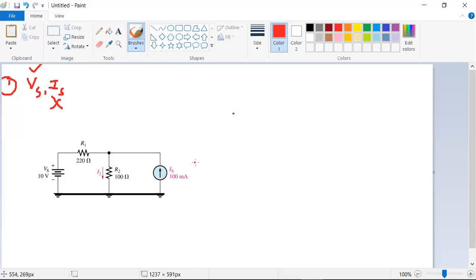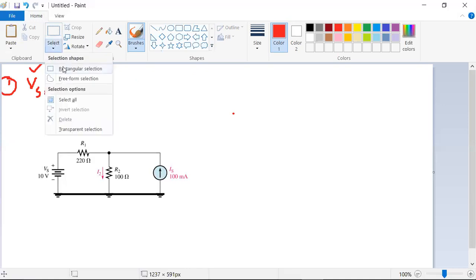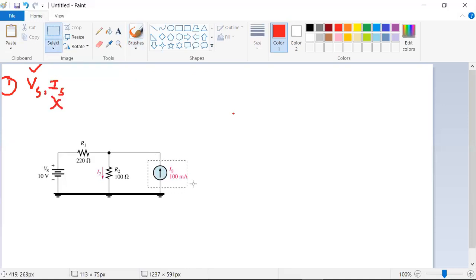What is the internal resistance of an ideal current source? Infinity. So I am removing it, making it an open circuit.